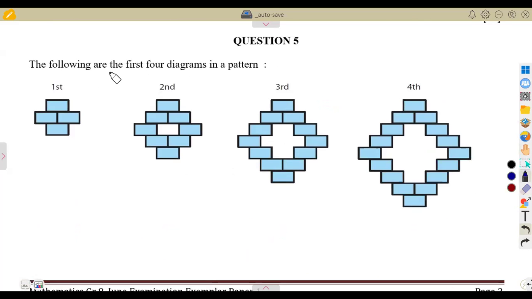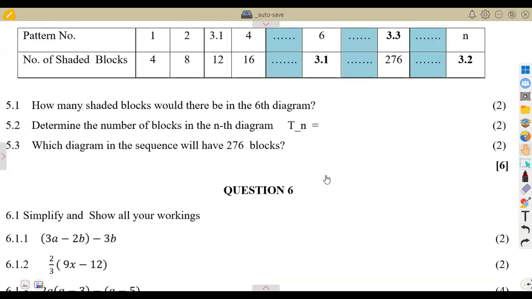The following are the first 4 diagrams of a pattern. We are just given the first one. There's like rectangles there or squares that you're given. No problem. Let's get the idea of the question first before we analyze what we're given there.